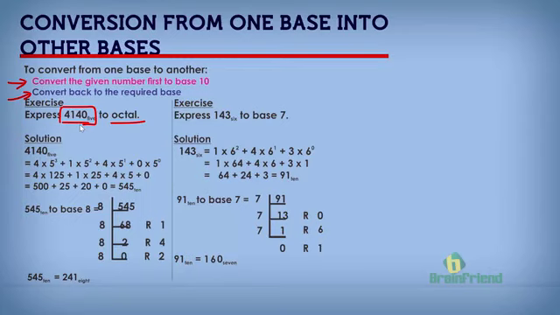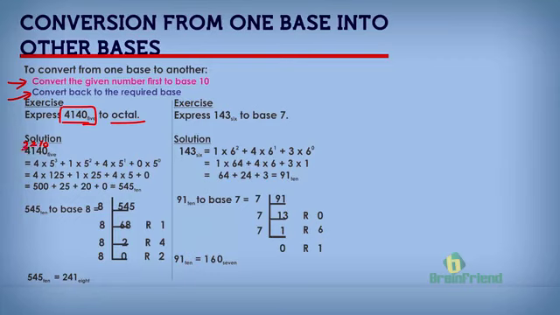So let's go ahead. To convert 4140 base 5, of course, we'll write it in its expanded positional form, taking note that our powers would be written down somewhere so that we can remember easily. So we have our powers written above them.